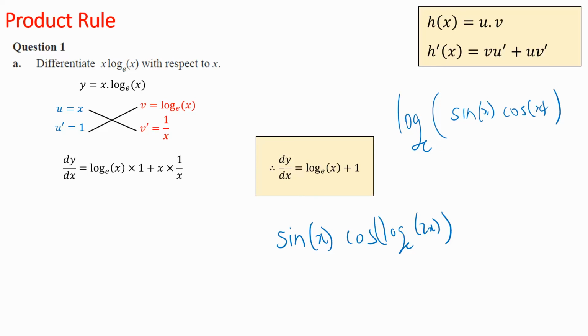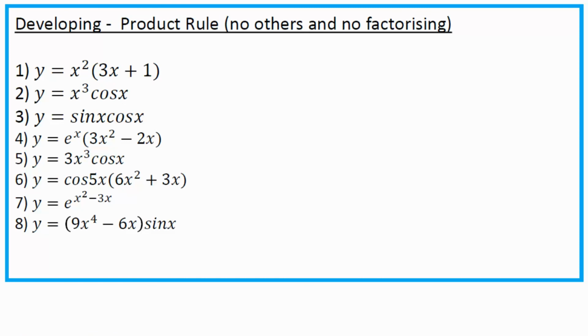All right. Now, let's do one more example. This is on your sheet. I'm going to give you the sheet later, but this is the standard textbook questions on how to do product rule. So you've got your rules. Let's do number 2 first. So y equals x cubed multiplied by cos of x.